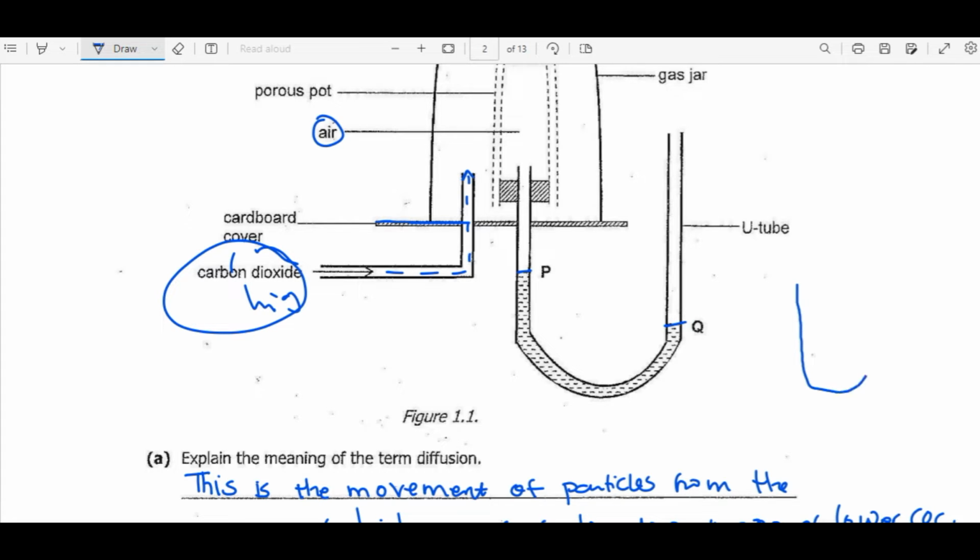So we have this U-tube. At first, the water levels were at the same height. For example, P was at this point before the introduction of carbon dioxide, even here.